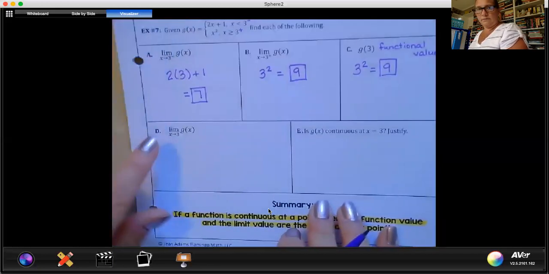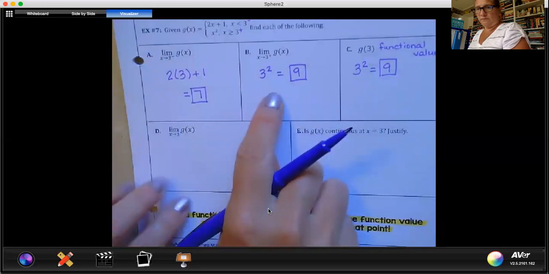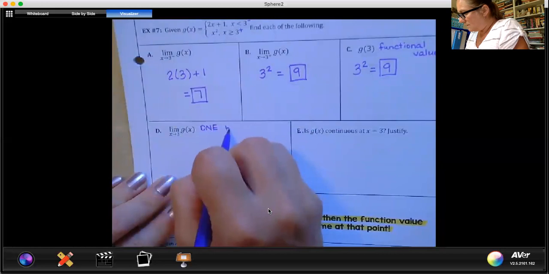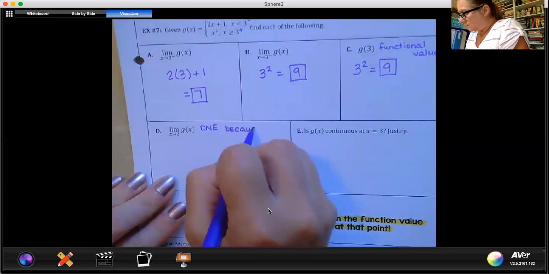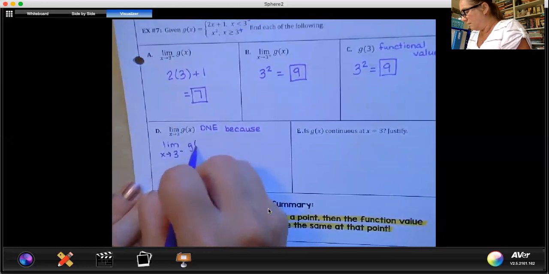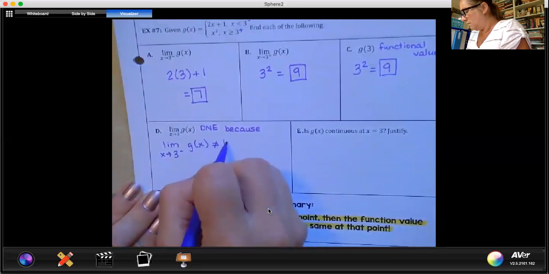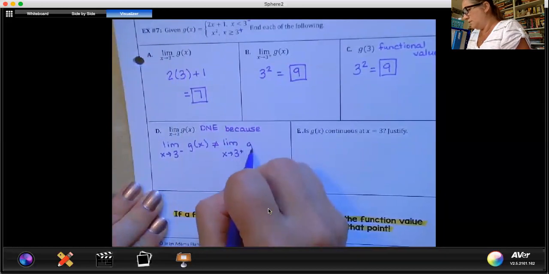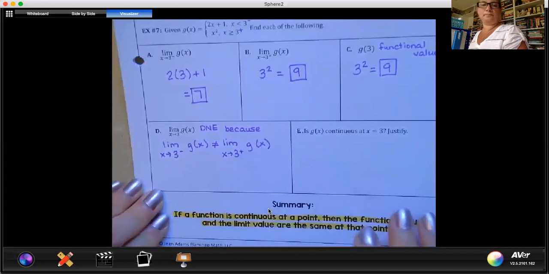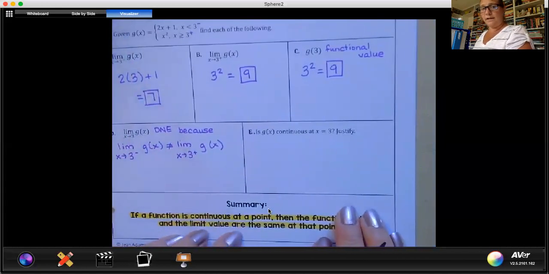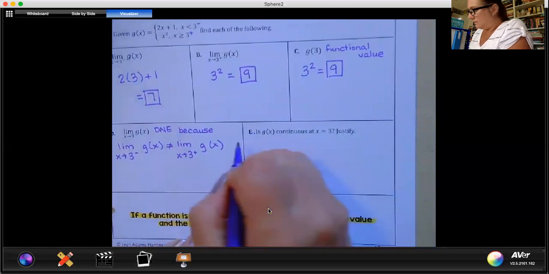Overall limit, looking at from the left and from the right, does not exist because the limit as x approaches 3 from the left of the function does not equal the limit as x approaches 3 from the right of the function. So is g of x continuous at x equals 3? Justify?